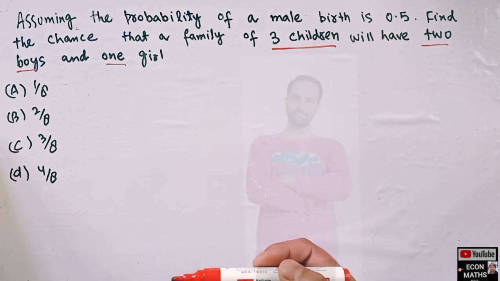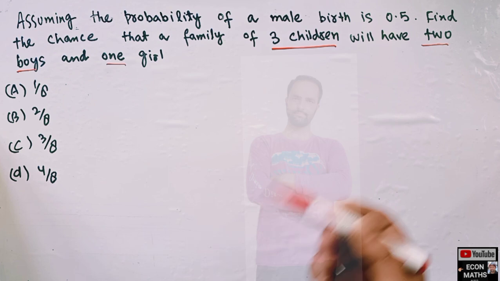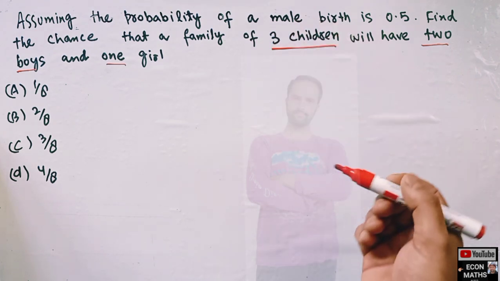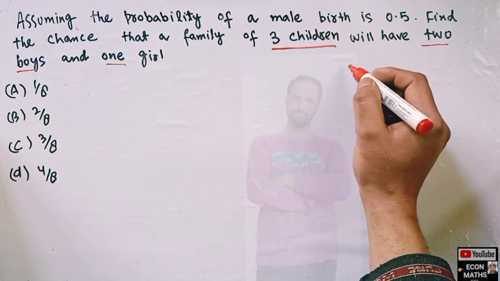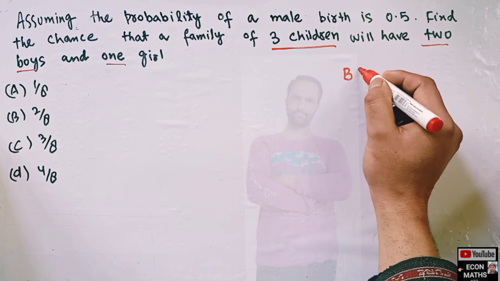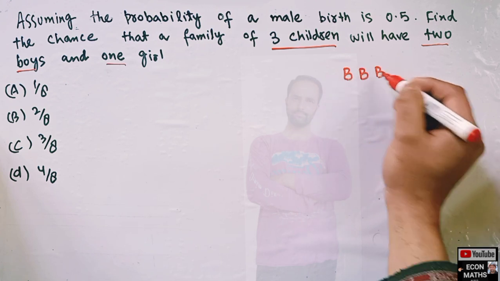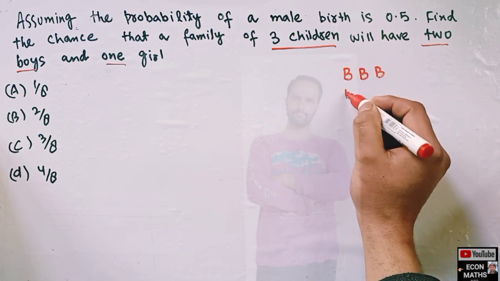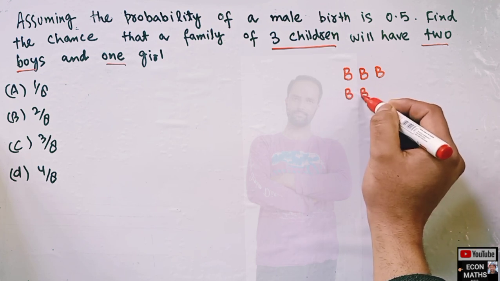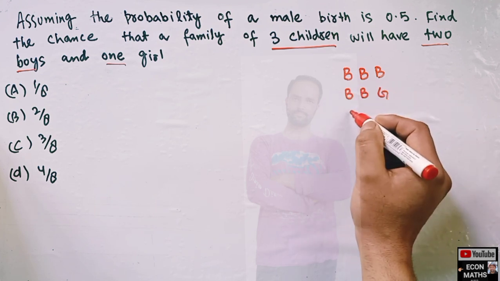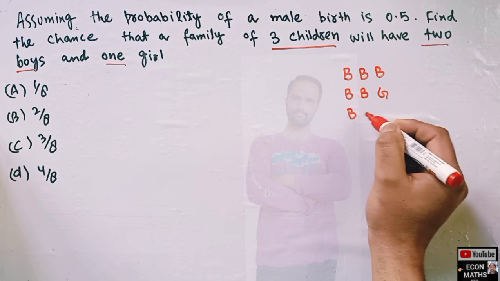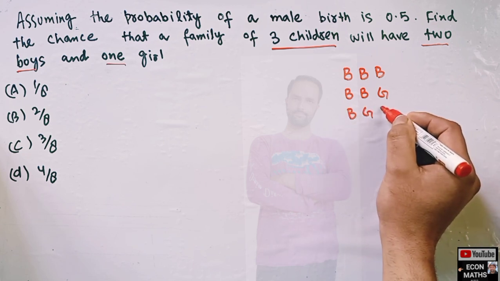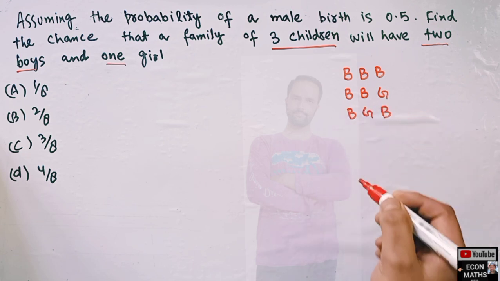So what is our sample space here? Three children can be like this. We can have 3 boys. We can also have 2 boys and a girl. Similarly, we can have first a boy, then a girl, and last also a boy.